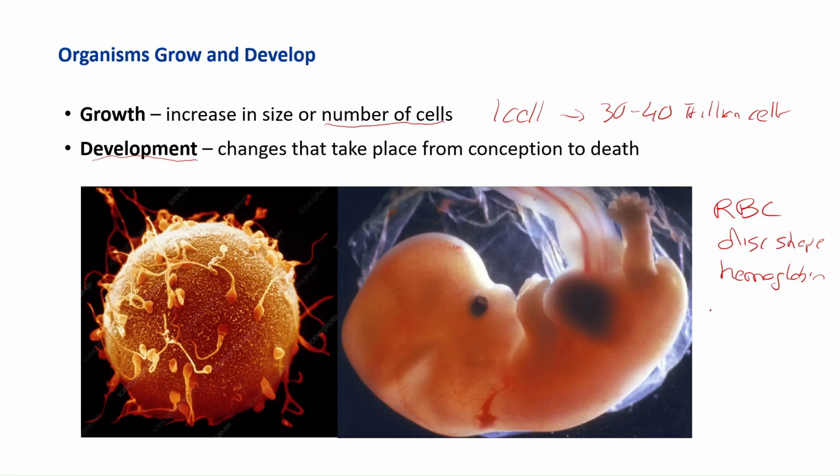But if you're a muscle cell, for instance, you don't need hemoglobin. In fact, you don't want to be round. So you're going to form a fiber, long and narrow, and no hemoglobin. What is your job? My job is contracting, so it's going to make contractile proteins. And this is really fascinating when you study it at the gene control level.